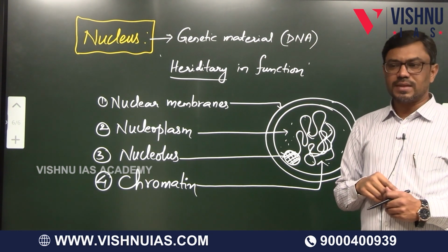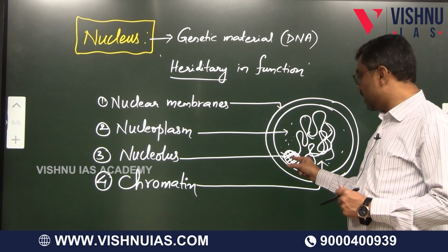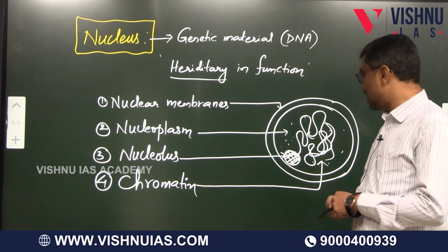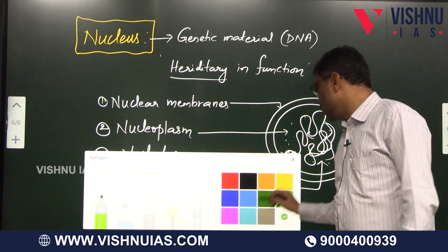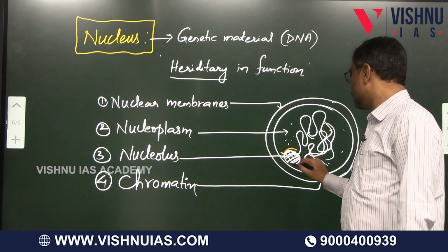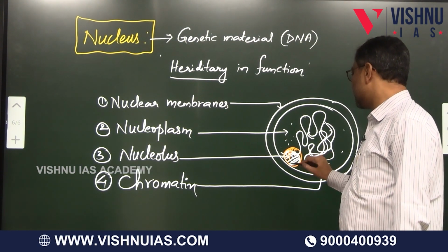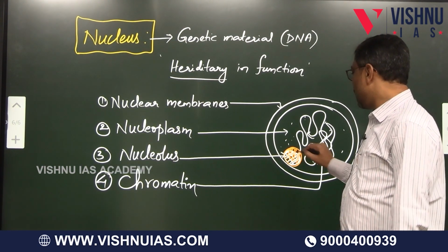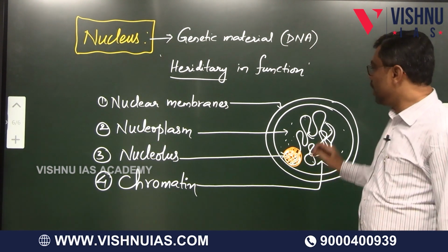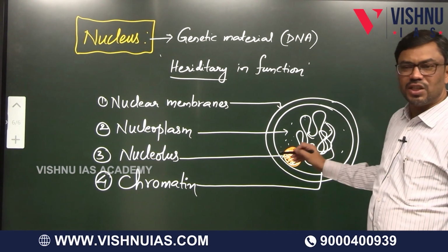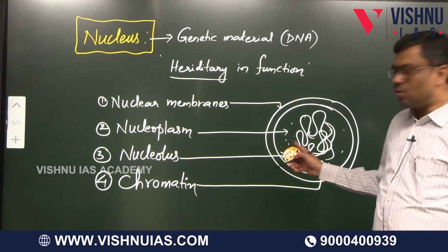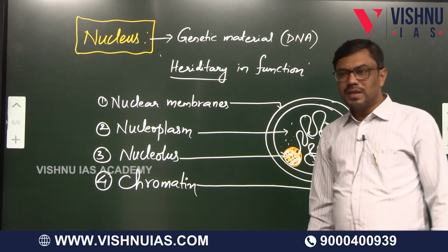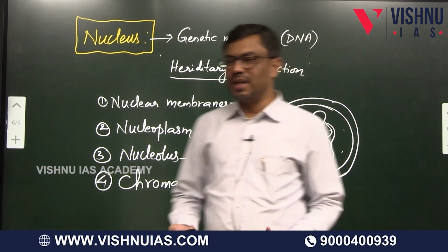The nucleolus is a solid mass present at one end of the nucleus. From this nucleolus, an irregularly scattered thread-like structure forms, that is called chromatin. Actually, this chromatin is the genetic material.